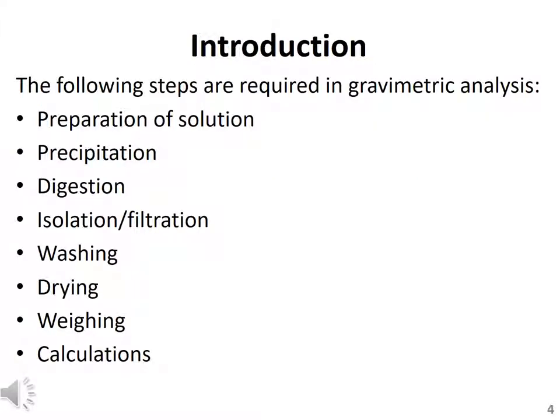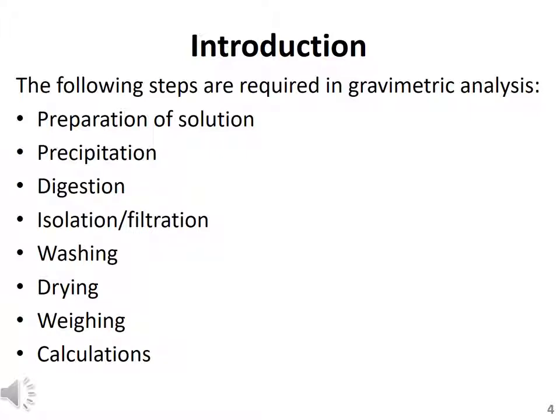In order to perform gravimetric analysis, we will have to take the following steps that are shown in this slide. These steps are taken into consideration for the successful completion of gravimetric analysis.